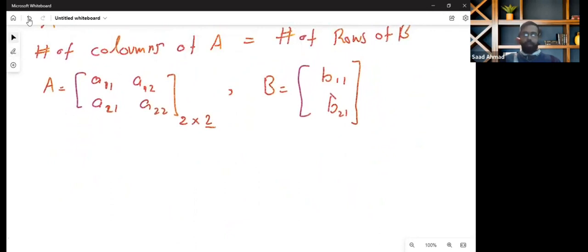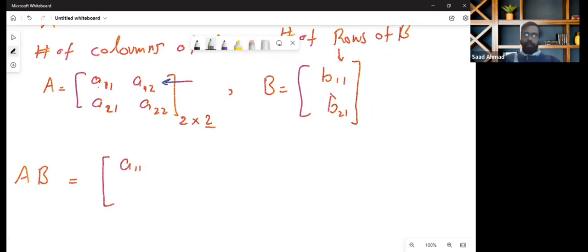To multiply them, we pick the first row from A, and place it in front of the column of B and multiply. So we are multiplying A and B. This is A11, which gets multiplied with B11, the first number here.